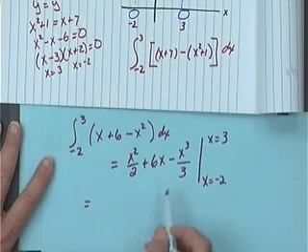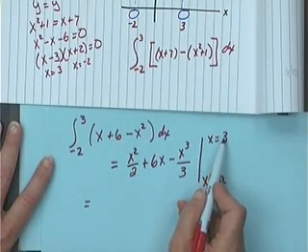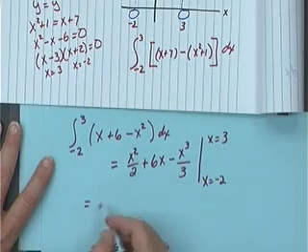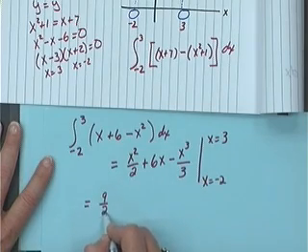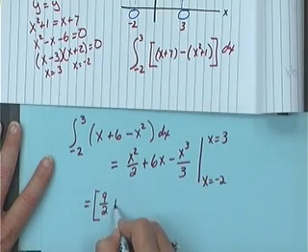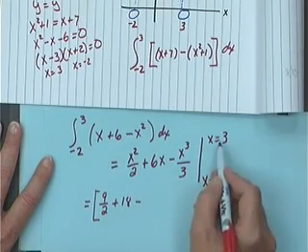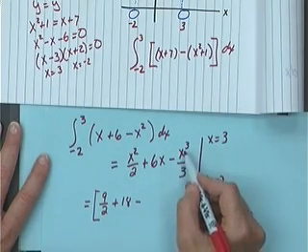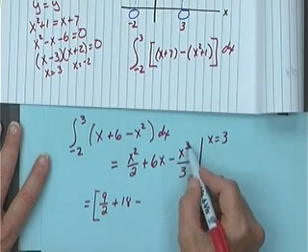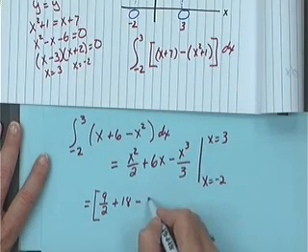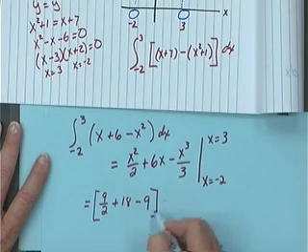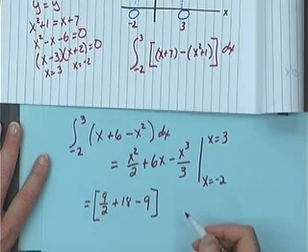All right, so let's substitute in the upper value. 3 squared is 9, so we have 9 halves, plus 6 times 3 is 18, minus 3 cubed is 27. 27 divided by 3 must be about 9. Is that right?